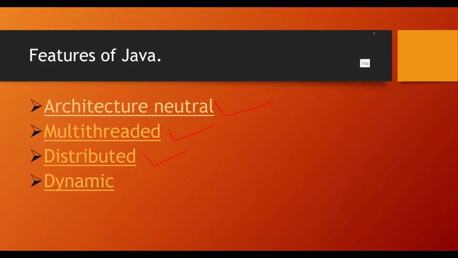As we know, we can run compiled Java bytecode on any platform which supports Java, like Windows and Mac OS. Whenever we run the bytecode on the platform, it loads the class file during runtime only. That is why it is called a dynamic programming language.